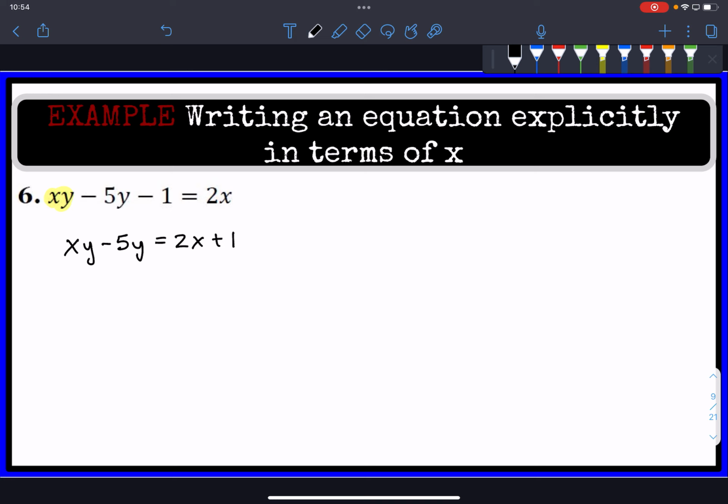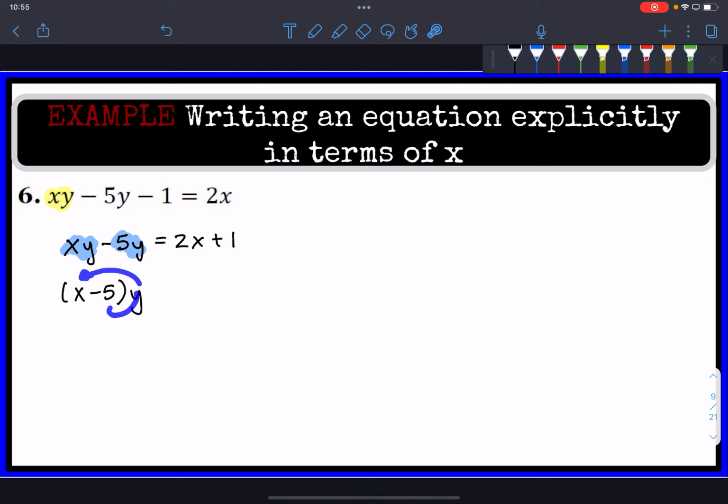Now here's the trick. Not much of a trick, just some algebra. Since both of these terms have the y, and we can combine them, we're going to use some algebra here and factor out the y. So we're going to keep the x minus 5 in the parentheses and factor out the y, using the reverse of distribution.